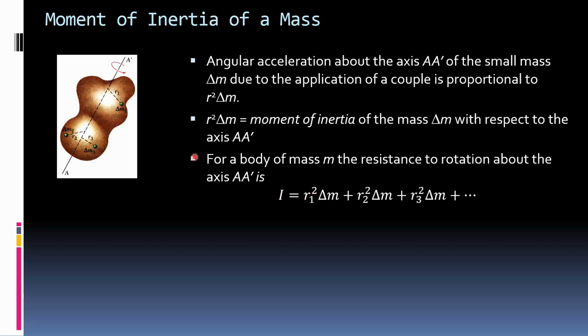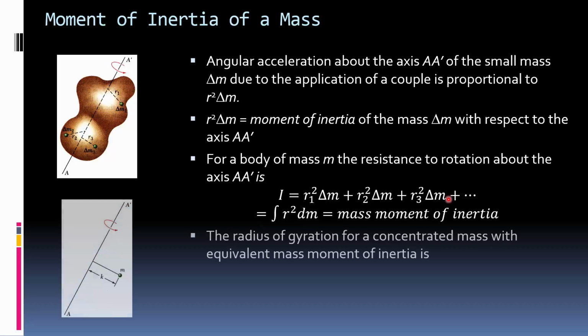So I is the integral of each individual portion: r1 squared delta m plus r2 squared delta m plus r3 squared delta m, and so on. Do that enough and you end up integrating it up, and the integral of r squared dm is the mass moment of inertia. So it's obviously very similar to the area moment of inertia, but it's not always the same.